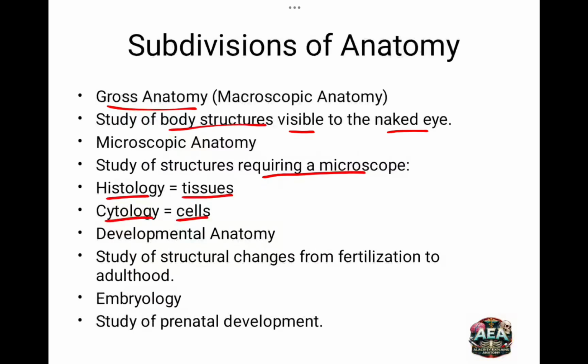We have developmental anatomy. Developmental anatomy is the study of the structural changes from fertilization to adulthood. It is different from embryology. Embryology is the study of prenatal development: every developmental change that occurs while one is in the mother's womb or the uterus.